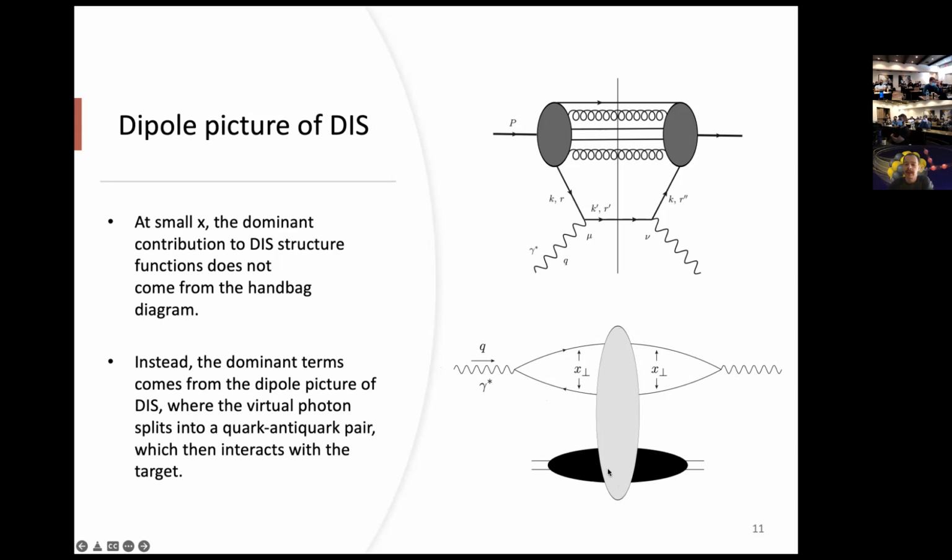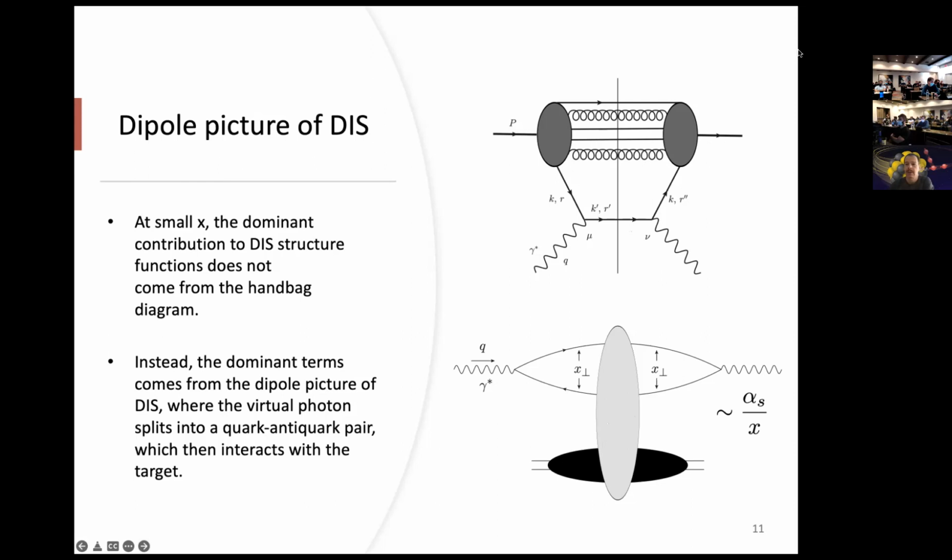The gray vertical blob denotes various gluon exchanges, t-channel gluon exchanges. That diagram would be dominant at small x because at high energies exchanging gluons in the t-channel is energetically more advantageous than quarks.